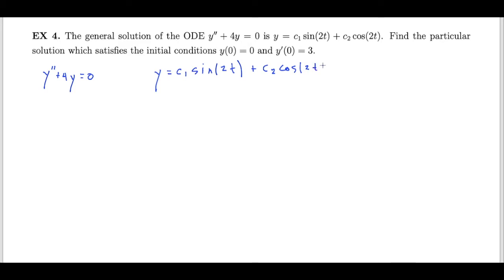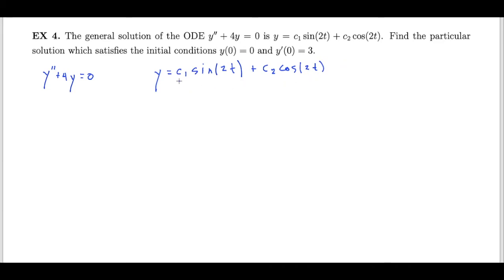At this point, I have not explained how I generated this general solution. So you're going to have to trust me that this is the general solution. Pretty soon, we'll talk about the methodology to derive this general solution ourselves. But for now, we're going to trust that this is the general solution.